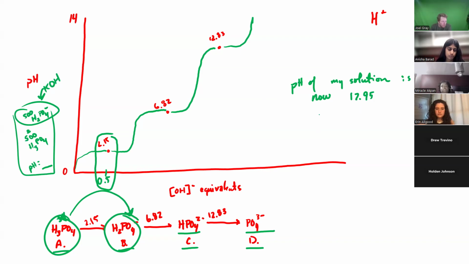I'm going to give you 4 different options. I'll phrase it this way. Which is the most common form of my molecule when my pH is 12.95?